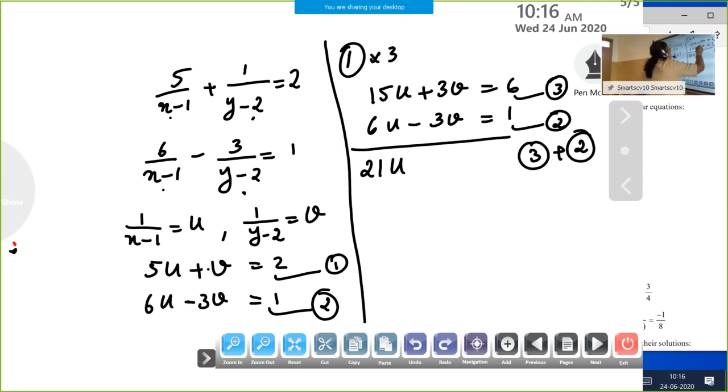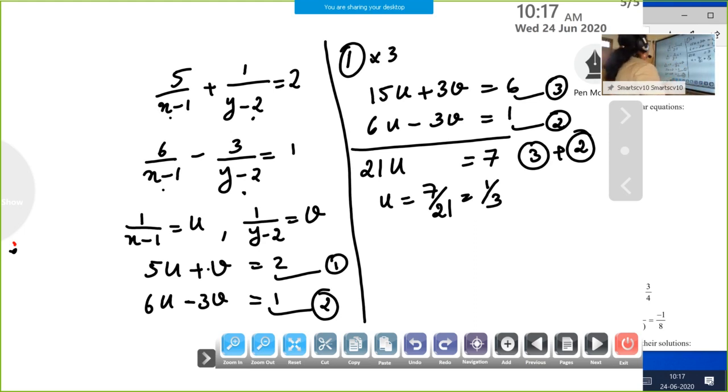Then 3v minus 3v cancels, and 6 plus 1 is 7. That means u is equal to 7 divided by 21, that is equal to 1 by 3. u is equal to 1 by 3.